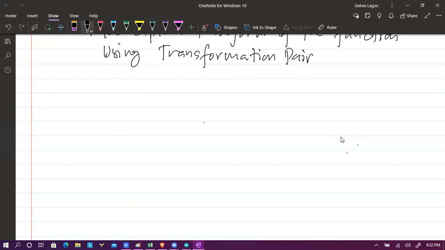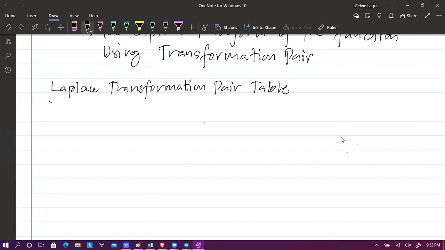So this is the Laplace transformation pair table, and we will start with the Laplace transform of the Dirac delta function. If you can still recall, let's have this as transformation number one.